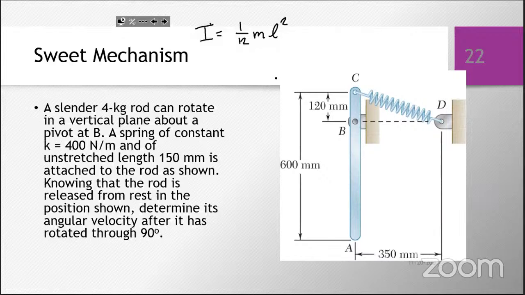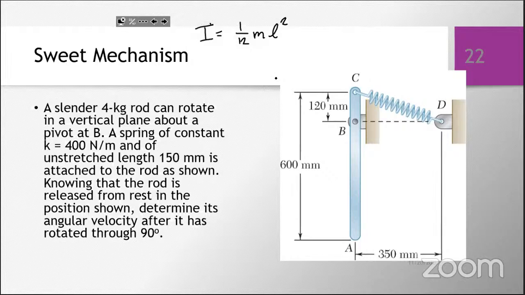What's it asking for? Angular velocity. Do we use Newton's law to find an angular velocity? No. So we have to use work energy, right? Because we haven't talked about impulse momentum. Okay. It's a work energy problem, right?